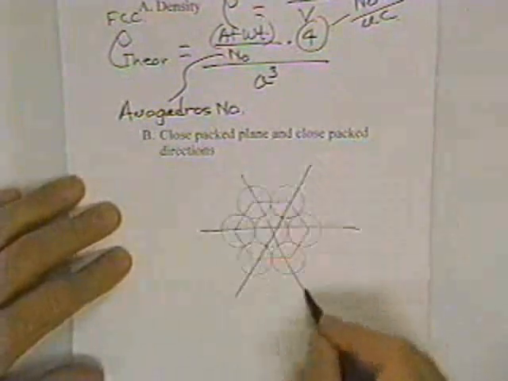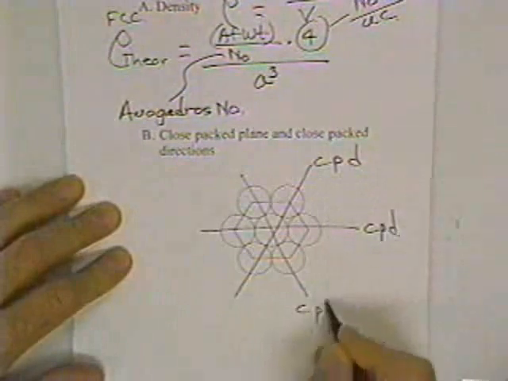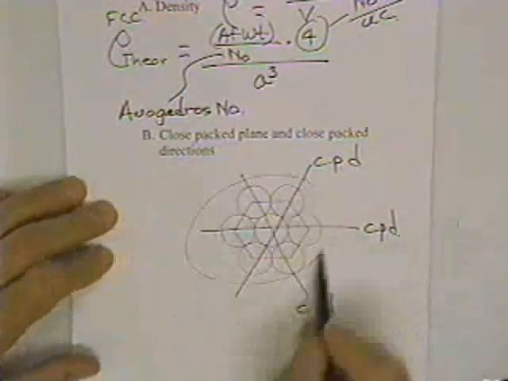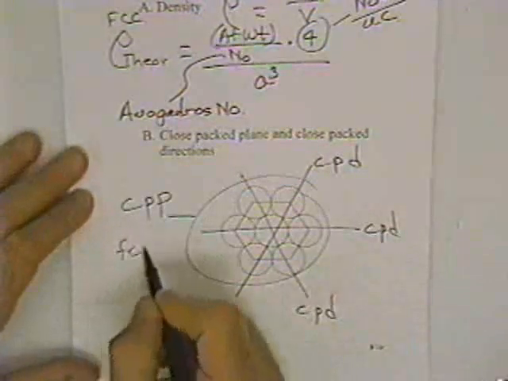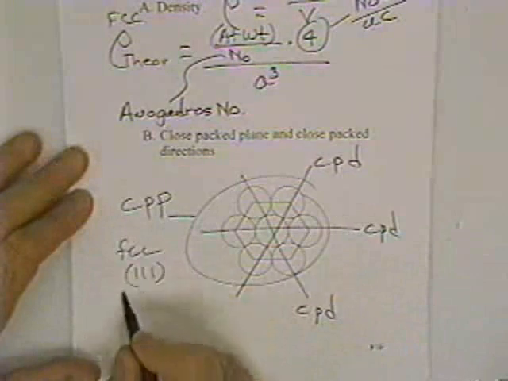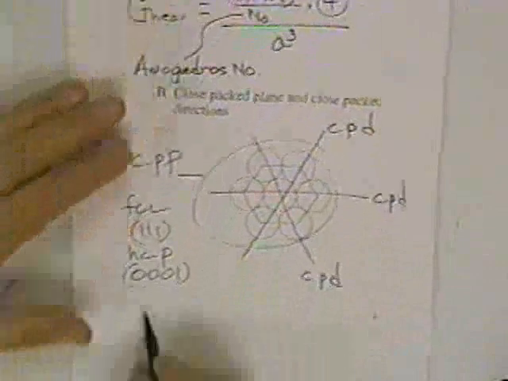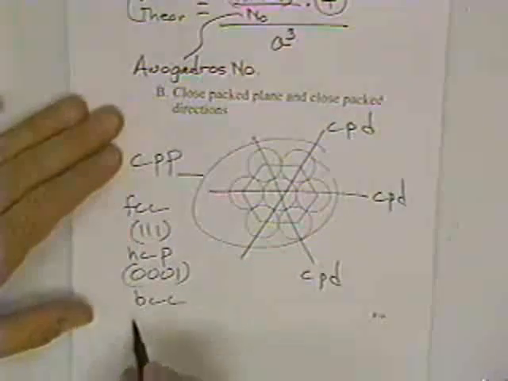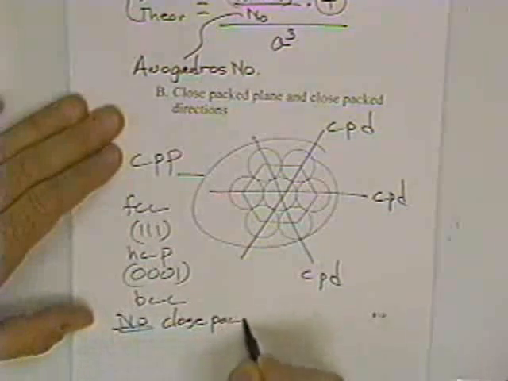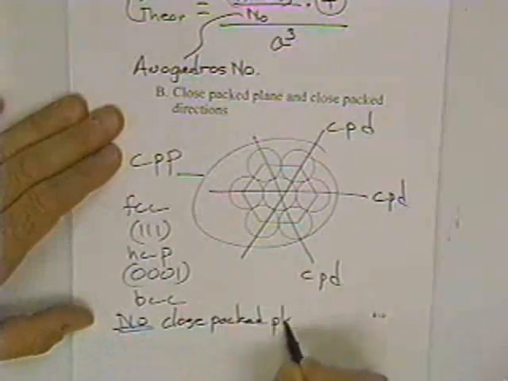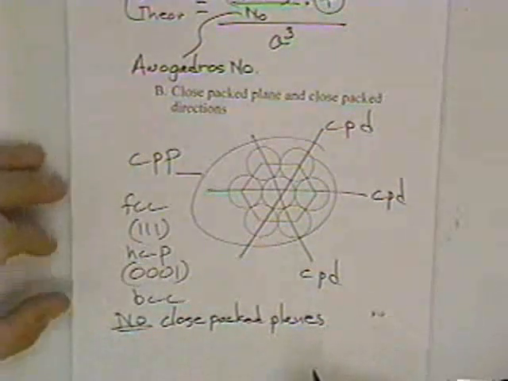There are 3 close packed directions, and this corresponds to a close packed plane. In face-centered cubic, it's the 1-1-1 plane. In hexagonal close packing, it's a 0-0-1 plane. And in the body-centered cubic, there are no close packed planes. There are some almost close packed planes, but there are no close packed planes.